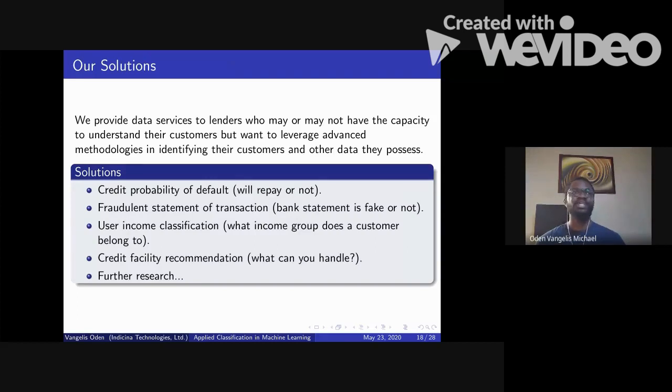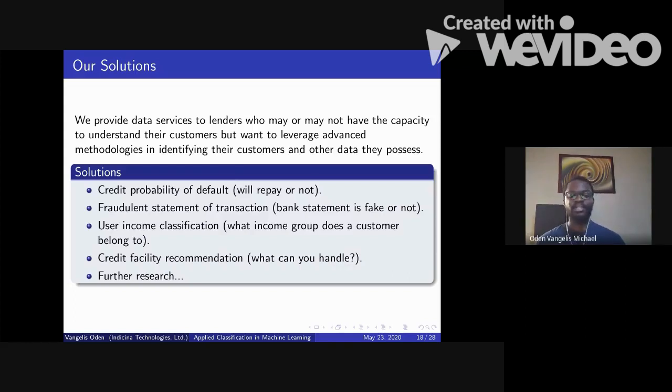Maybe it helps to ease the particular need for the loan at that exact time, and they are able to now plan within that amount of money. And we're still able to make some money. So if we were rejecting maybe 80 customers out of 100 on a daily basis, now we'll just reject about 20 or maybe 30, and the rest we're able to account for based on the risk and the credit facility recommendations we can build, right?